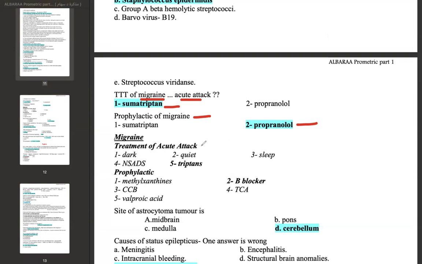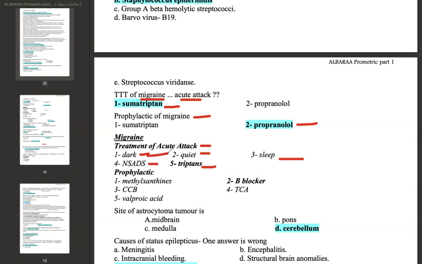So, treatment of acute attack: let them be in darkness, in a quiet place, let them sleep, and you can offer NSAIDs and triptans. This is the treatment of an acute attack of migraine.